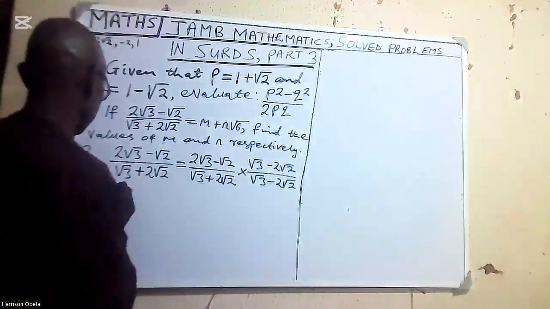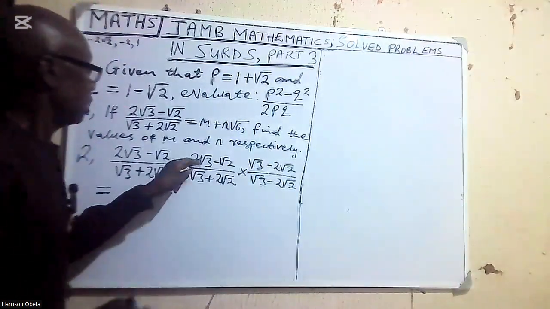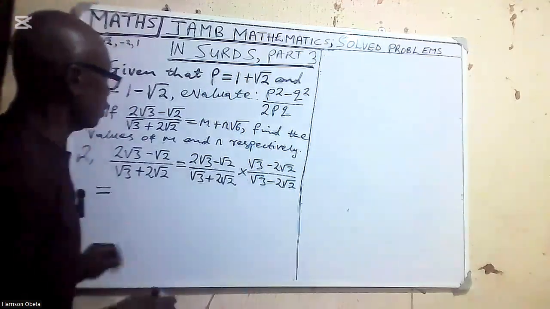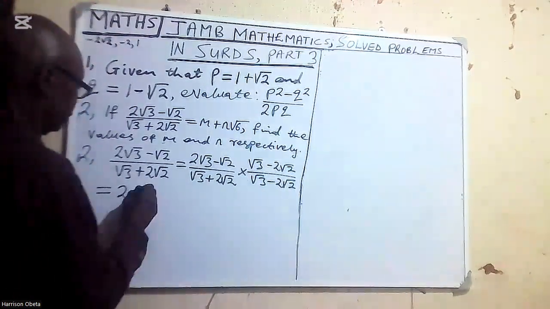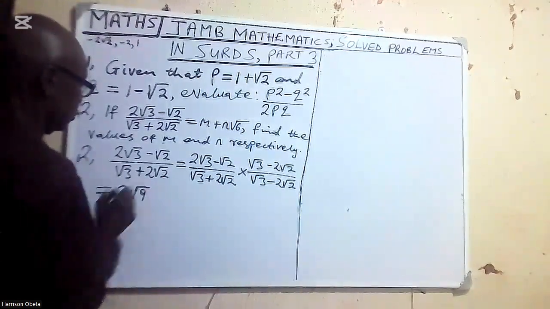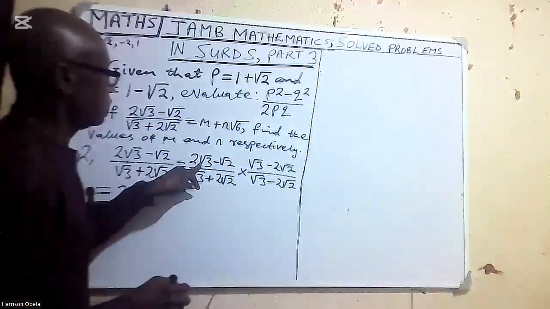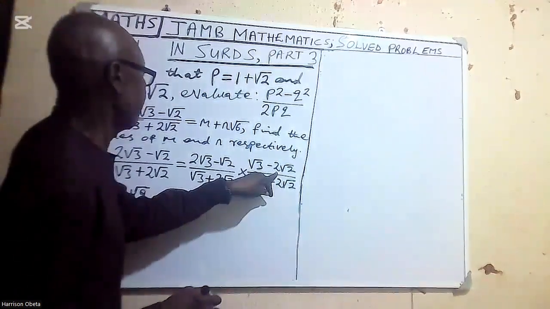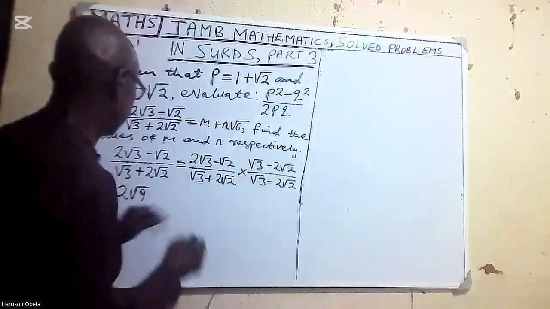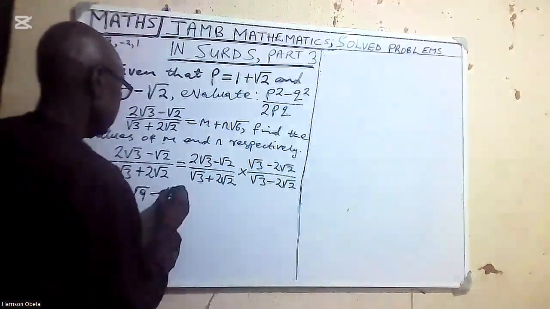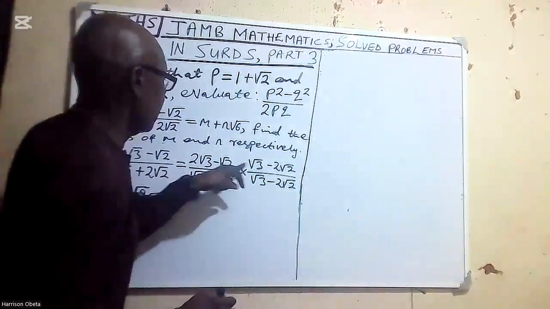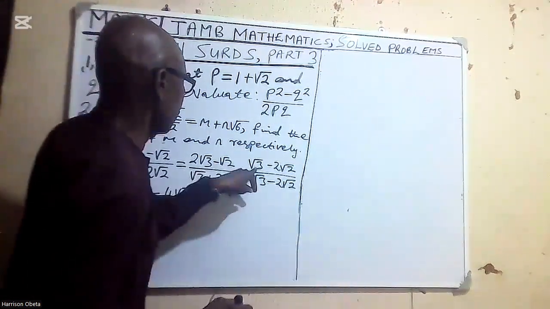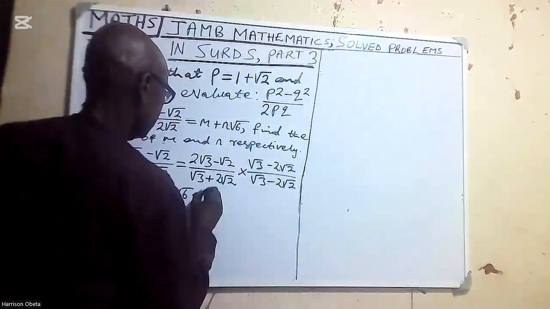So we move on. This times this will give us 2 root 9. This times this will give us minus 4 root 6. Then this times this, that's root 2 times this will give us minus root 6.